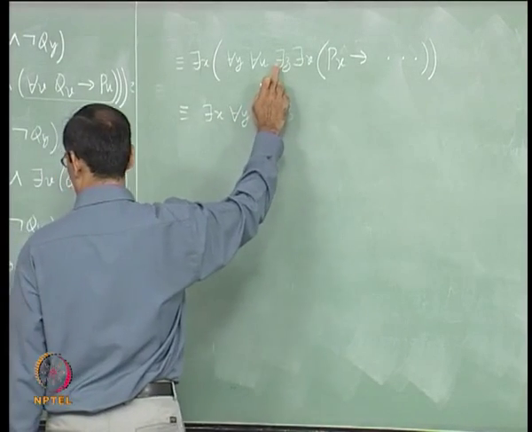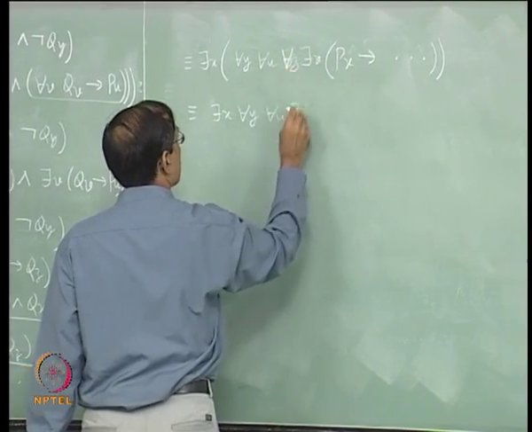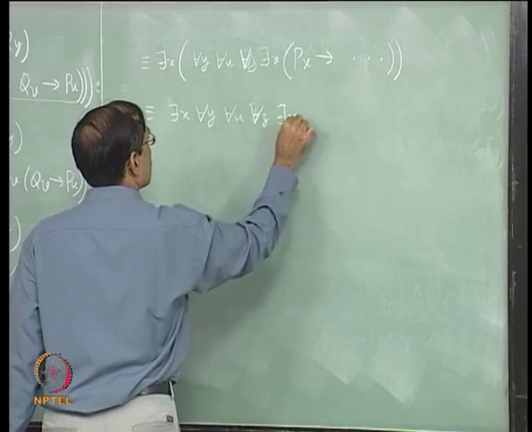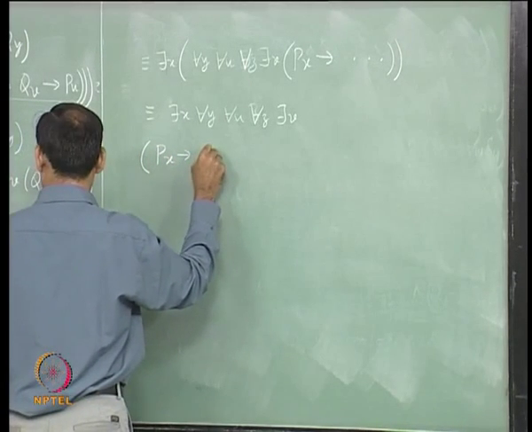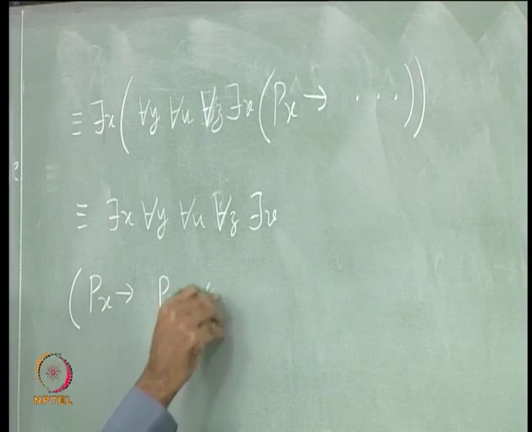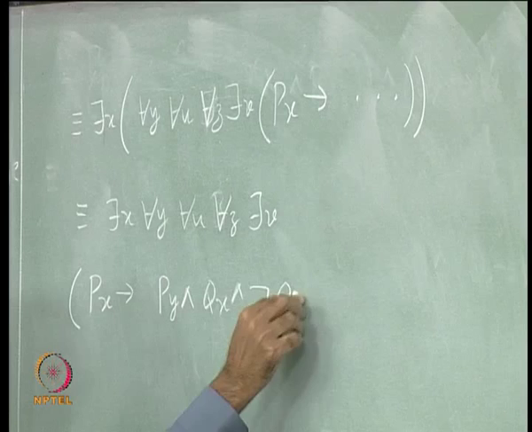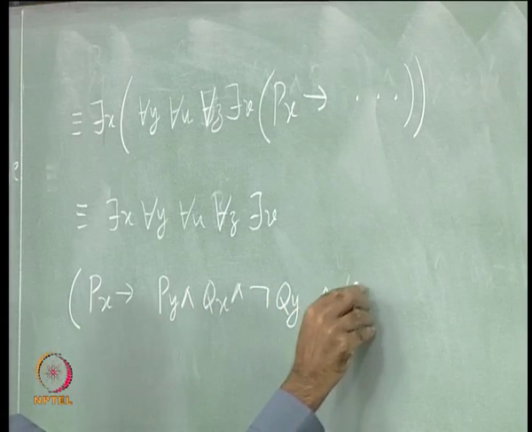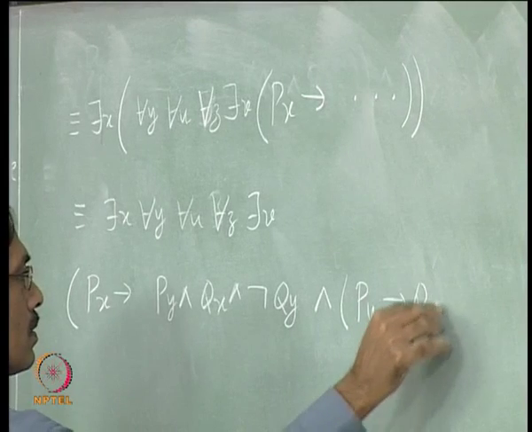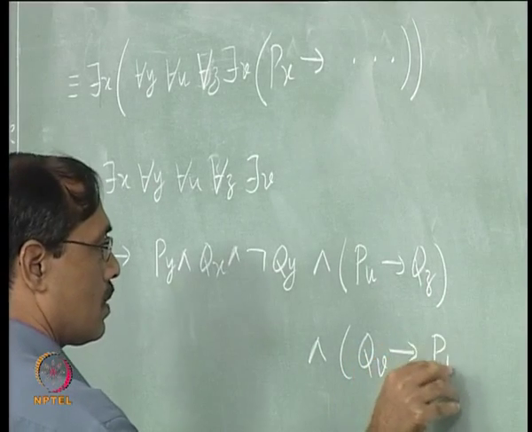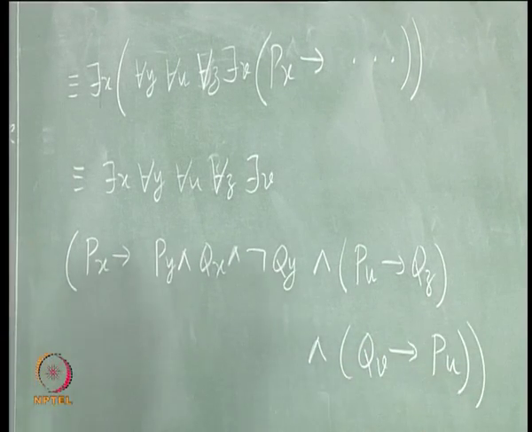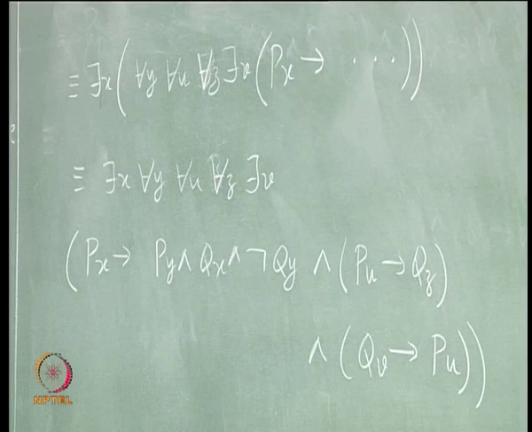So, this was for each z, no? Fine. So, that is how it will be proceeding. We have really entered formal manipulation now.